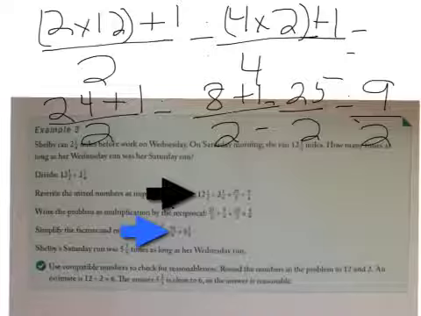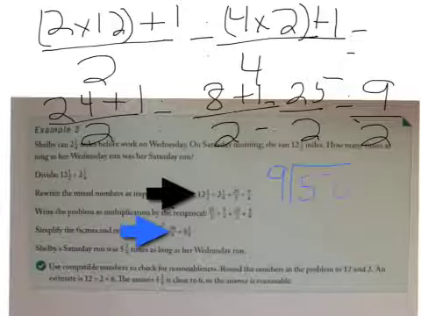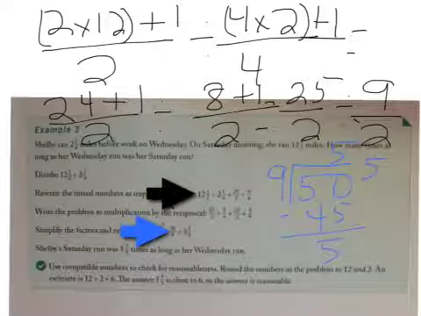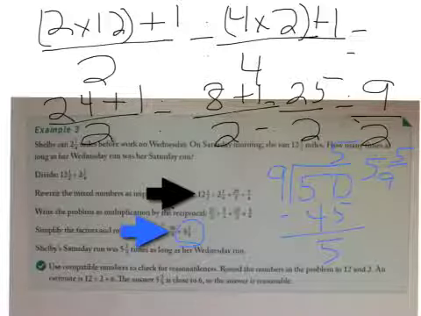Then we can divide to see how we get the 5 and 5 ninths. 9 will divide into 50 five times. 5 times 9 is 45 with a remainder of 5. And so that is how we get 5 and 5 over 9. Right there it shows Shelby's Saturday run was 5 and 5 ninths times as long as her Wednesday run.